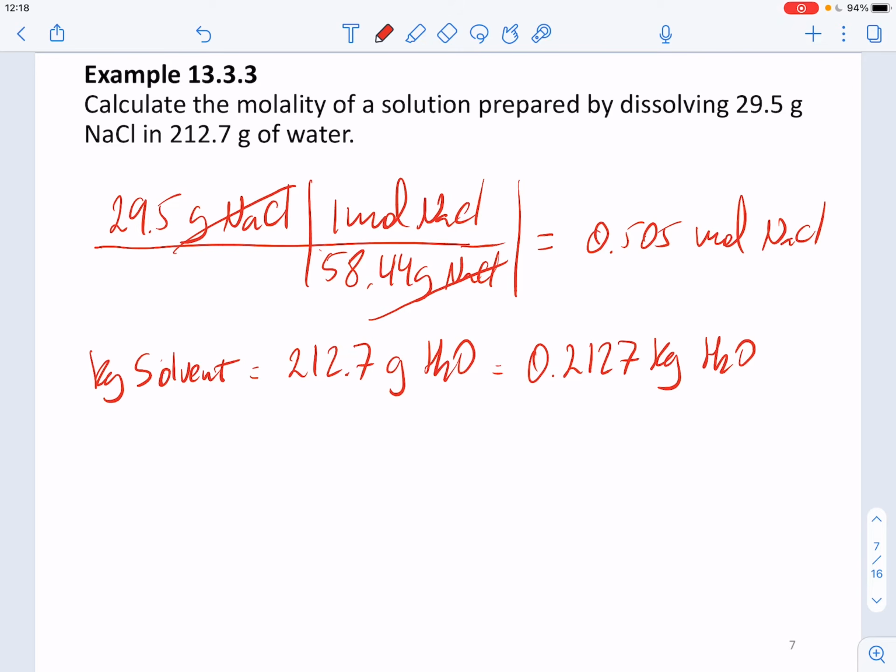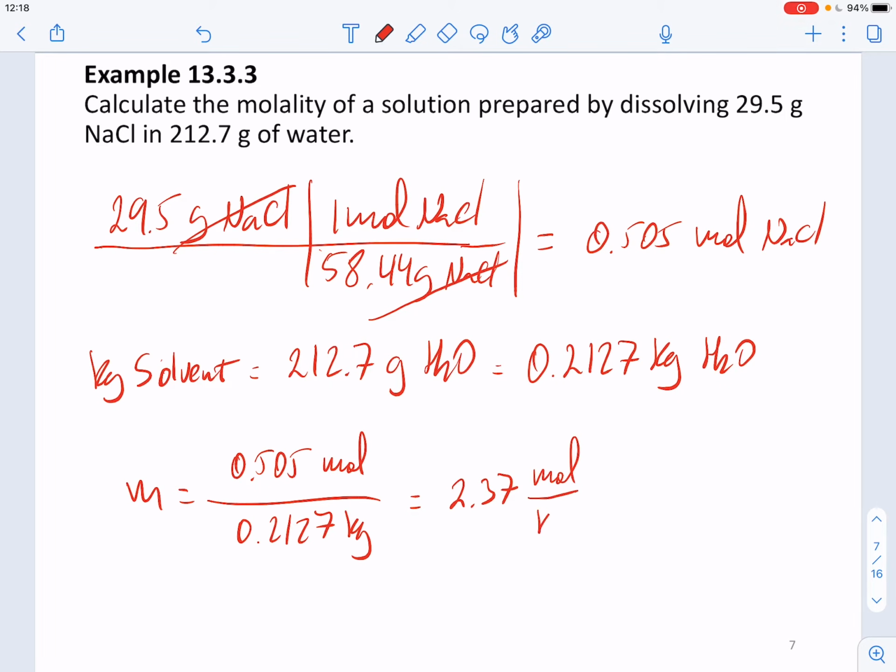So you have moles of solute, you have kilograms of solvent, so molality is going to be equal to 0.505 moles divided by 0.2127 kilograms, and this is equal to 2.37 moles per kilogram, or 2.37 molal. Okay?